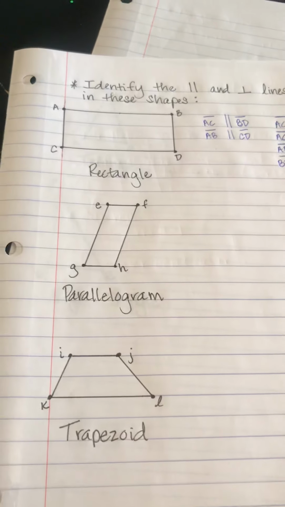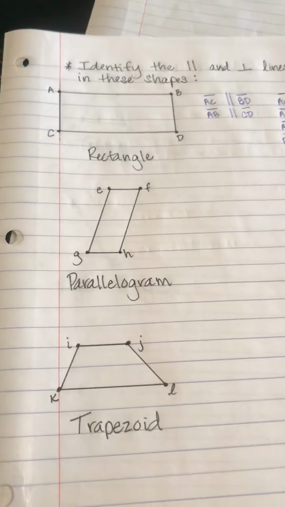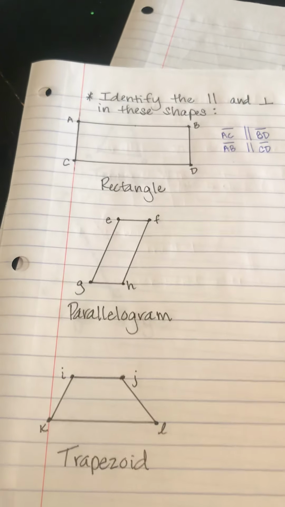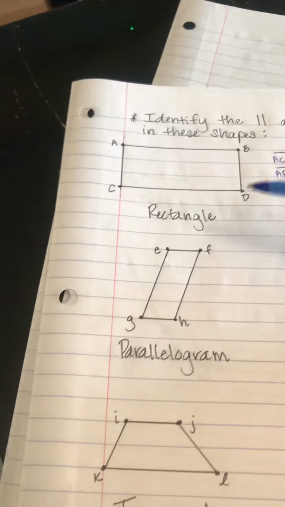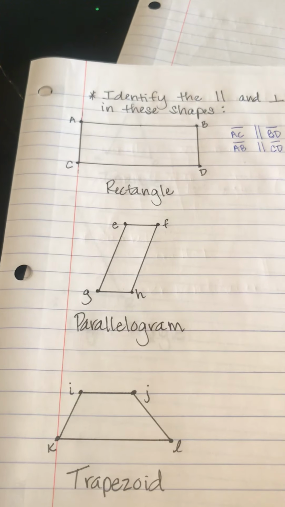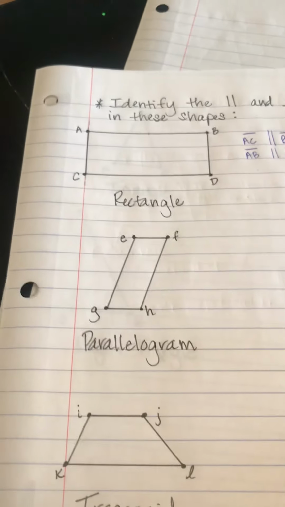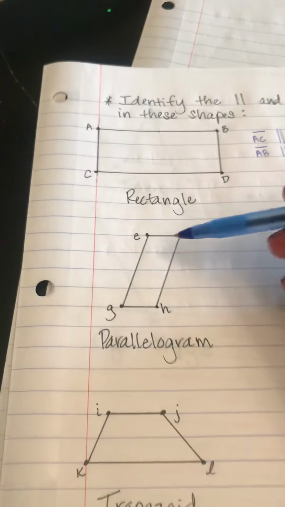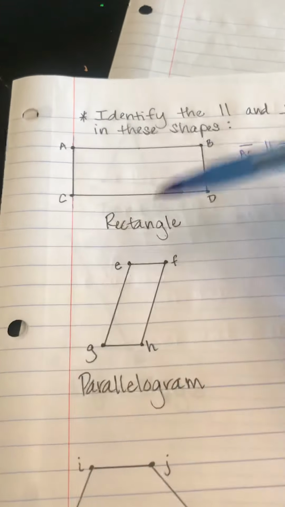We have a parallelogram. Now a parallelogram is kind of like a rectangle, but it's been smushed, right? So notice we do not have perfect corners here, okay? But we do have parallel lines, hence the name parallelogram, right? So we're gonna have some parallel sides here.